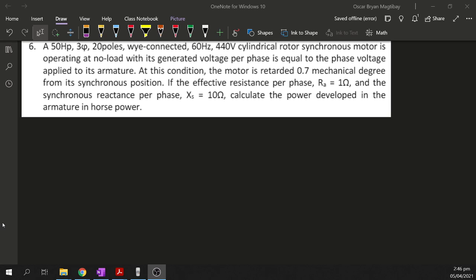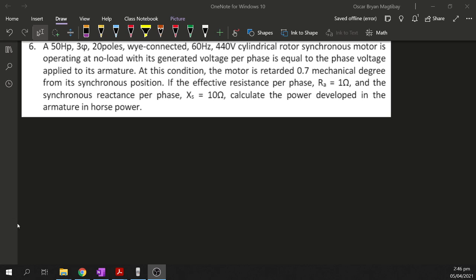At this condition, the rotor is retarded 0.7 mechanical degrees from its synchronous position. If the effective resistance per phase RA is 1 ohm and the synchronous reactance per phase XS is 10 ohms, calculate the power developed in the armature in horsepower.